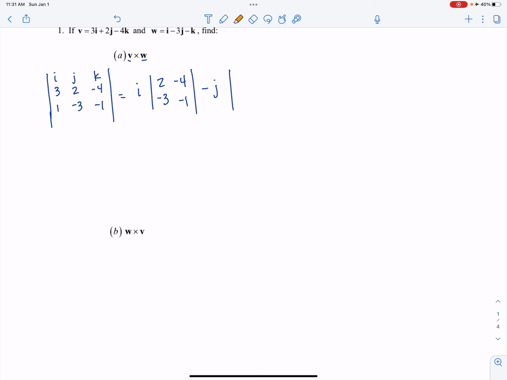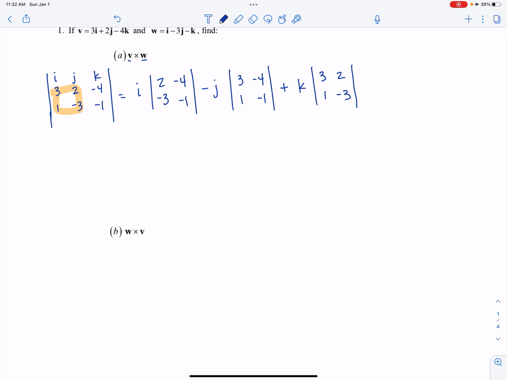And j is looking at these. So anything that's not in the row or column of j: determinant of 3, negative 4, 1, negative 1. And add k, which will give us these right here: the determinant of 3, 2, 1, negative 3.